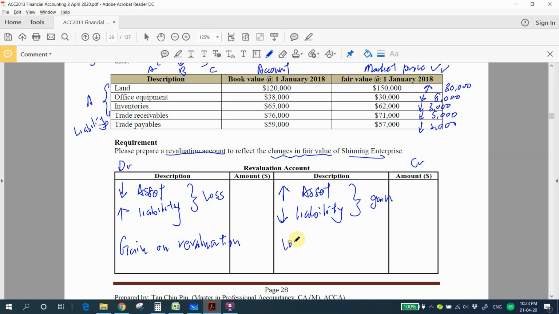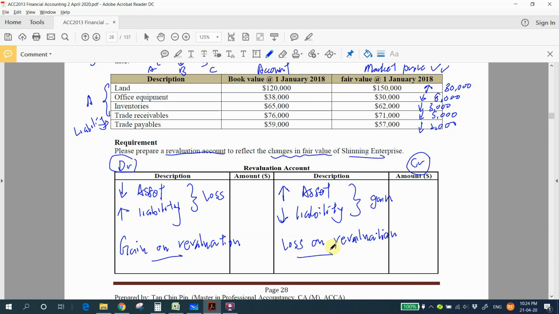And for the loss on revaluation, this will appear on the debit side of your revaluation account. I repeat, when you have an increase in asset value or a decrease in your liability, you record on the credit side. When you have a decrease in the asset value or an increase in the liability, you record on the debit side. The balancing amount, if it appears on the debit side, is a gain. If it appears on the credit side, it will be the loss.